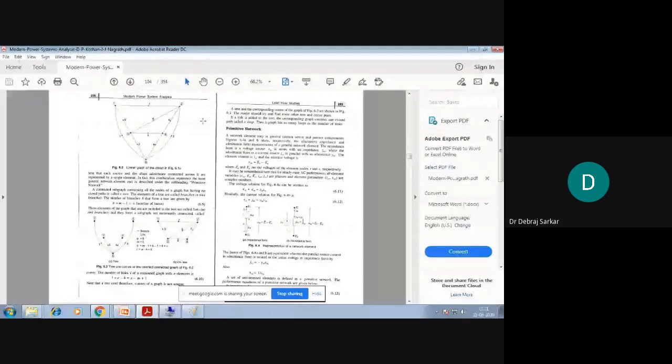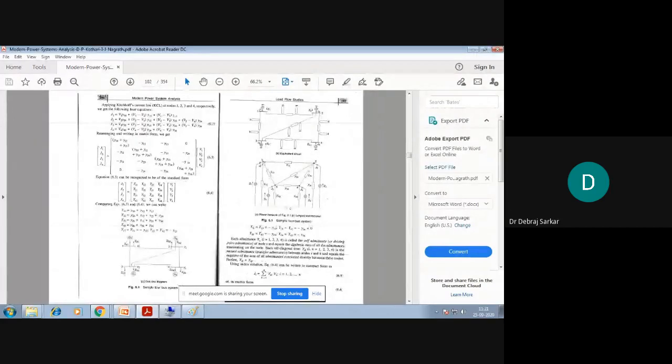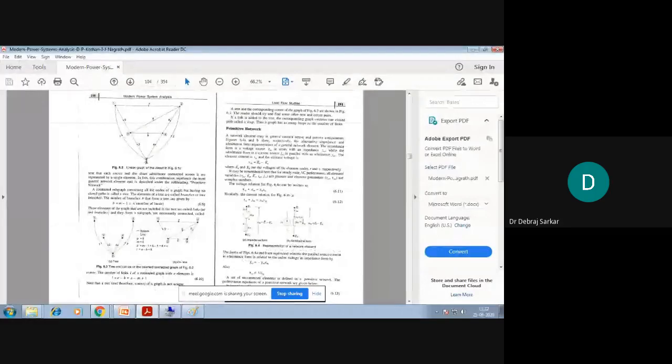In the graph which I have drawn, the connection of 1 to 0 is made by a current source as well as the admittance, but in the graphical representation we are only showing that there is a connection between 1 and 0.